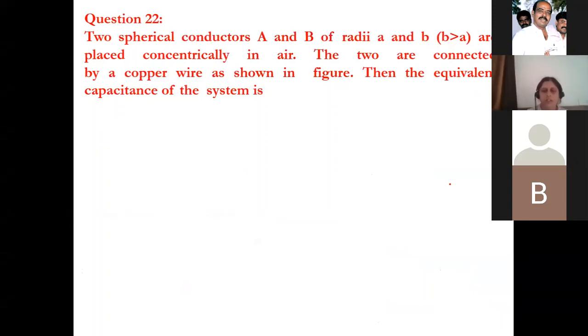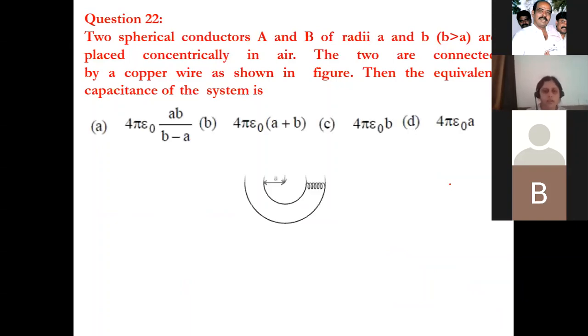So I'll show the next diagram. See, this is the diagram. One spherical conductor of radius small a, another spherical conductor of radius small b, such that b is greater than a, and these two are connected by a copper wire. Then the equivalent capacitance of the system.